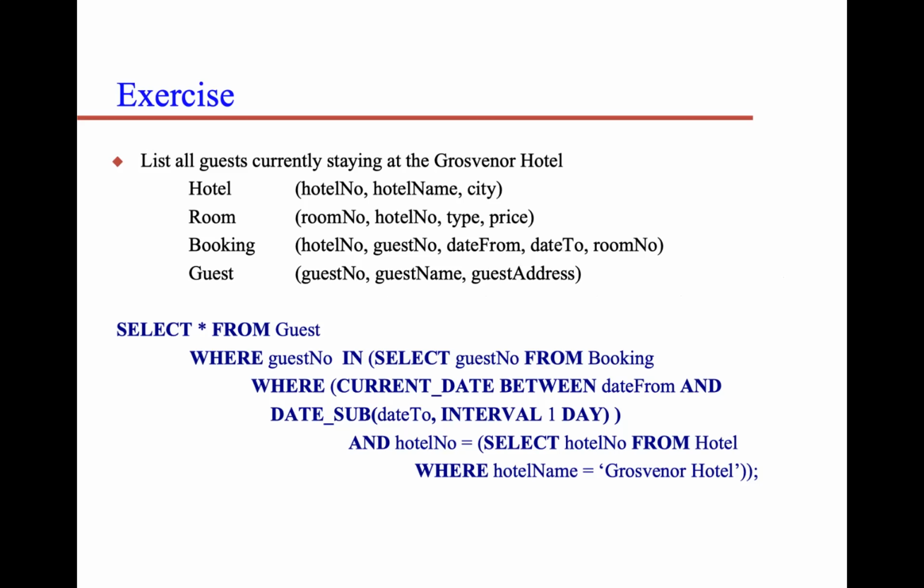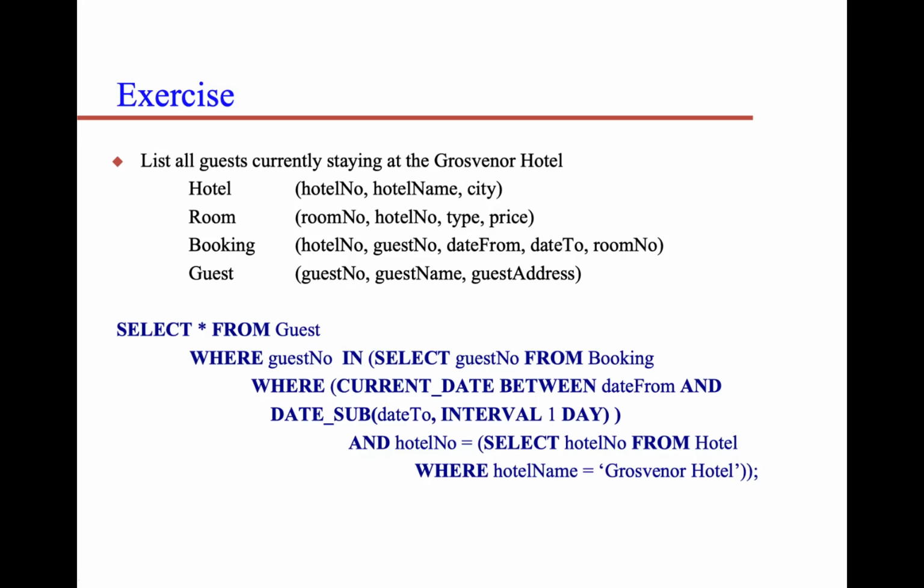The one thing I will warn you about is when you're trying to find if a hotel room is occupied, you can say that it's occupied if the current date is between the date from, and you can't say date to because, as I tell you in the homework assignment, the date they check out is not one of the days the room is occupied.